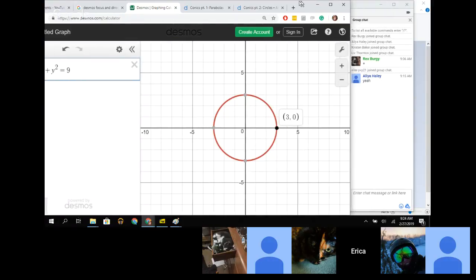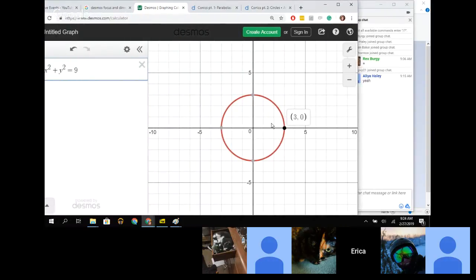I'll give you a hint. It's either radius or diameter. So what do you call the distance from the center to the outside of a circle? Is that your radius or your diameter? Radius, there you go. That's your radius, remember?